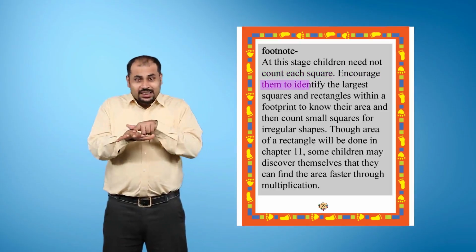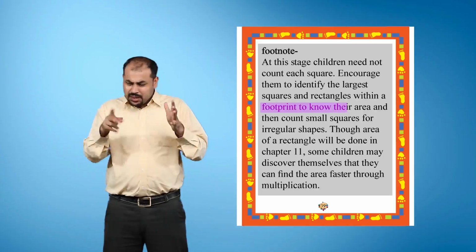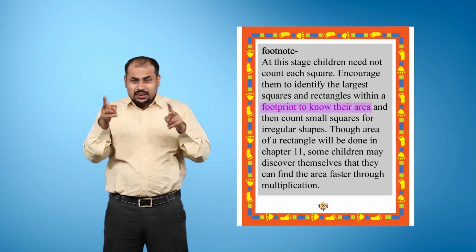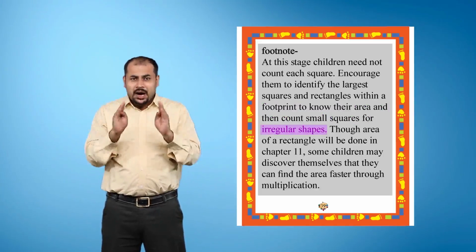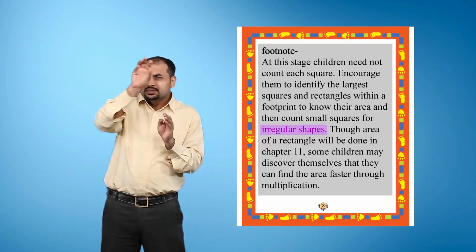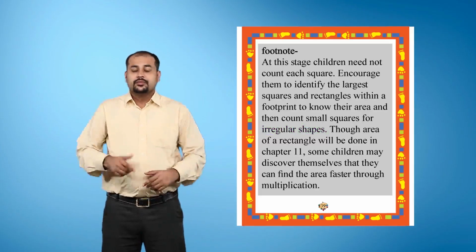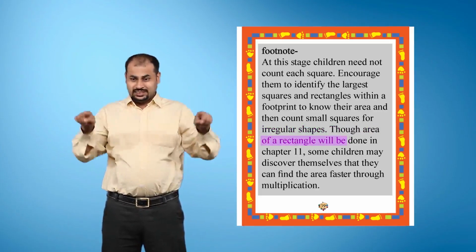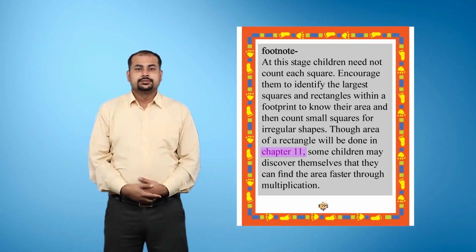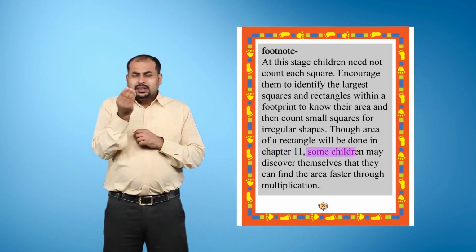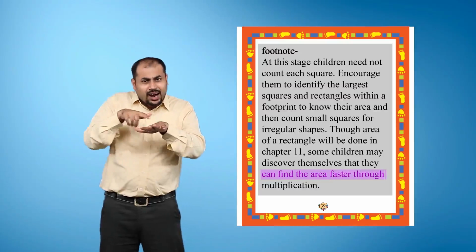Encourage them to identify the largest squares and rectangles within a footprint to know their area, and then count small squares for irregular shapes. Though area of a rectangle will be done in Chapter 11, some children may discover themselves that they can find the area faster through multiplication.